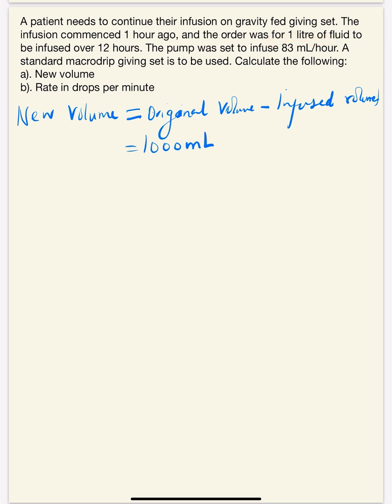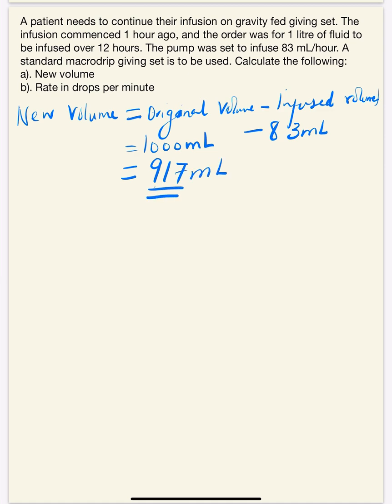Because it commenced 1 hour ago, from this 1 hour you've given 83 mils, because the rate of the pump was 83 milliliters per hour. So this will say minus the infused volume, which is 83 milliliters. Using your calculator, you should get 917 milliliters.